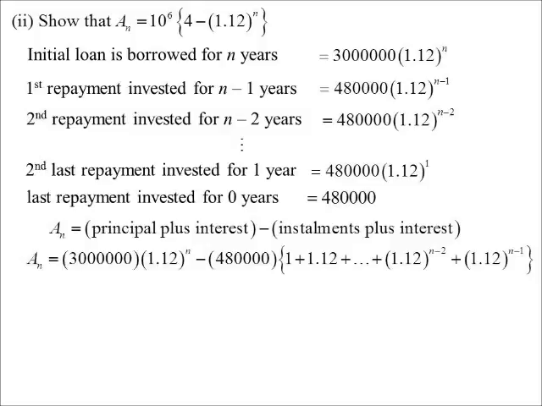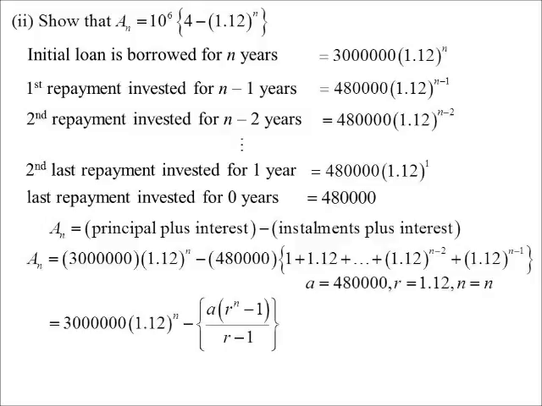So principal with interest minus instalments plus interest. And there's our expression. We've got a series there. First term's 1, ratio is 1.12. Number of terms is N, not N minus 1. So N is, strangely enough, N.